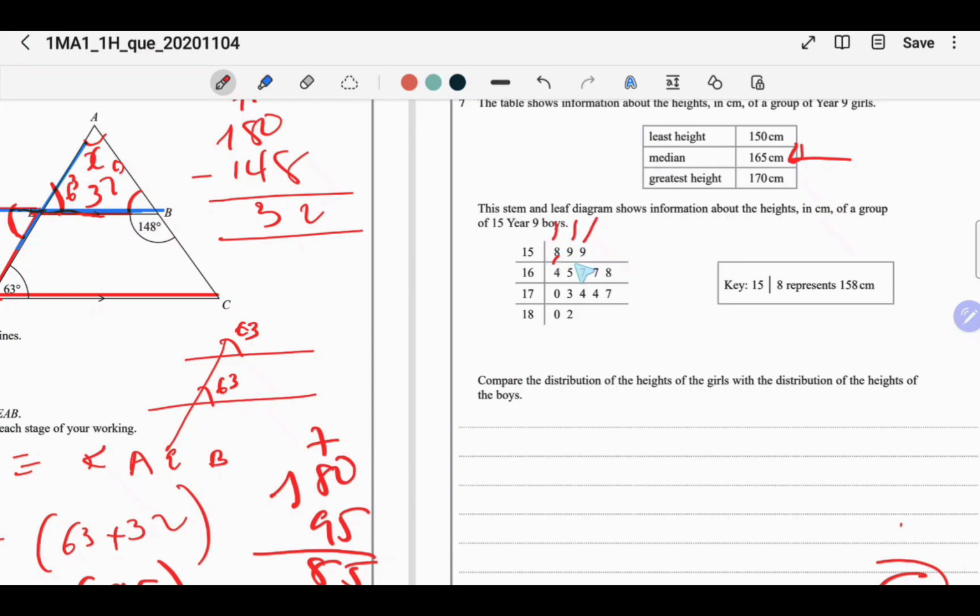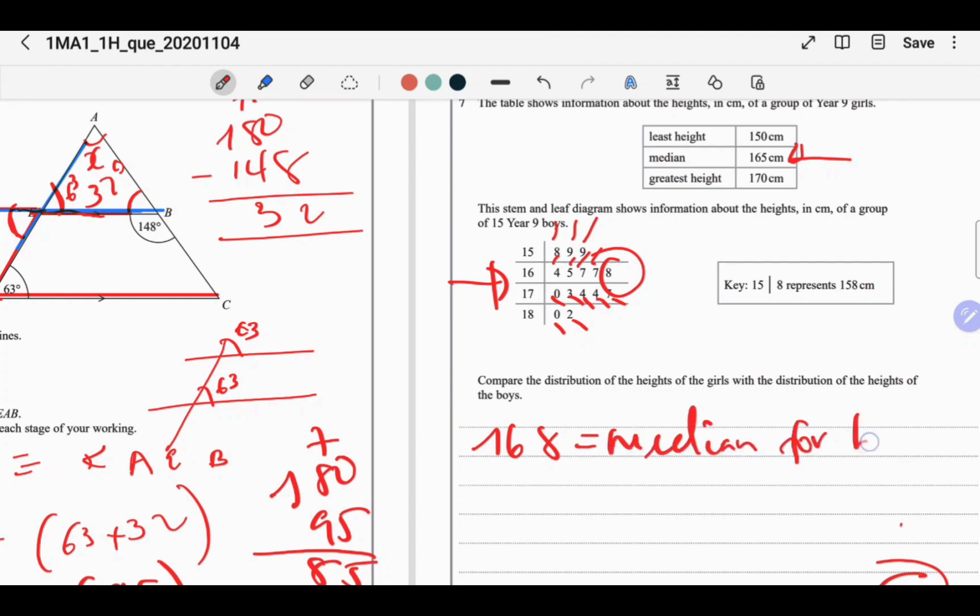That's 1, 2, 3, 4, 5, 6, 7. I end there, and then I go to the last value and count 7 values again, moving upwards. 1, 2, 3, 4, 5, 6, 7, and there we go. We have our star, which is the 8, in the 16 row. That's going to be 168 as the median for boys.